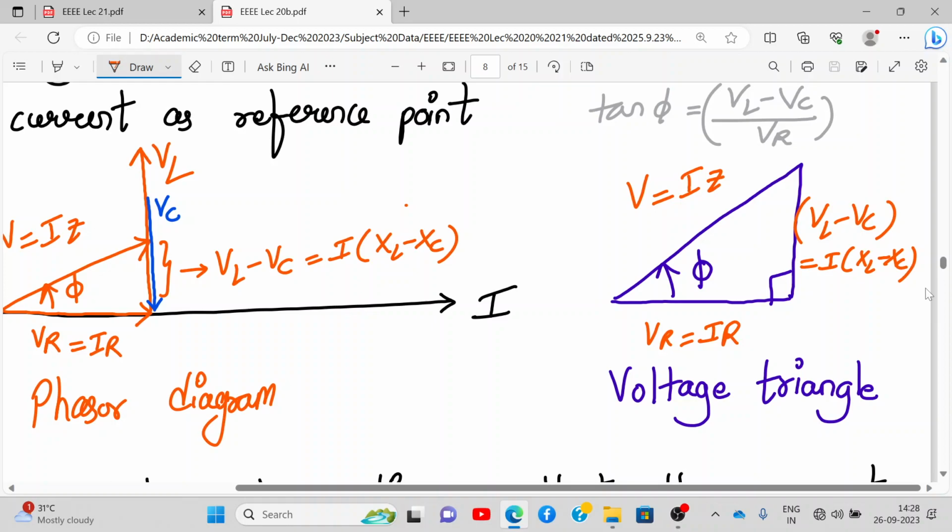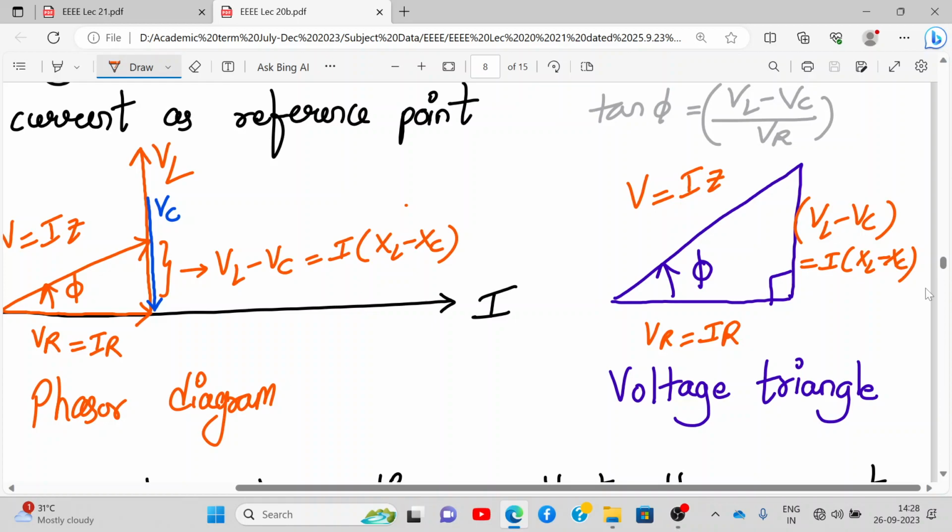Remember, this is only for XL greater than XC. We have to consider the case for XC greater than XL also. Following? Why is this VL minus VC? This is I into XL minus XC.